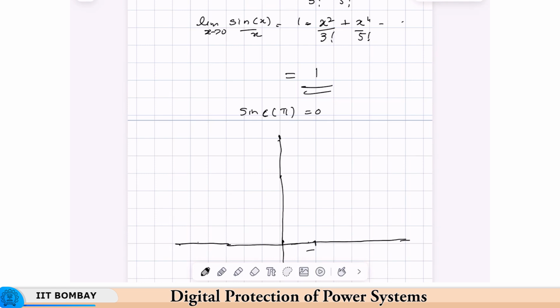Like I said, this is pi, 2 pi, 3 pi, 4 pi, and so on, and this is minus pi, minus 2 pi, and so on.